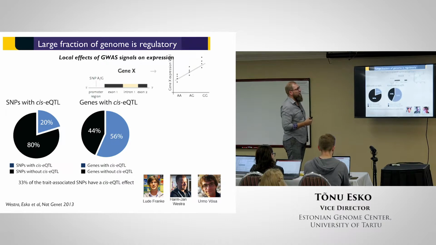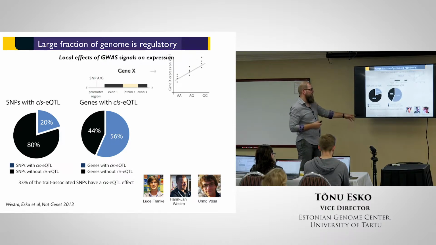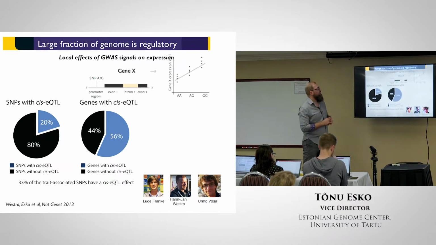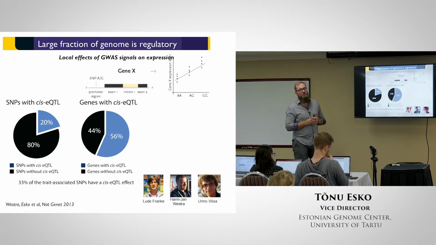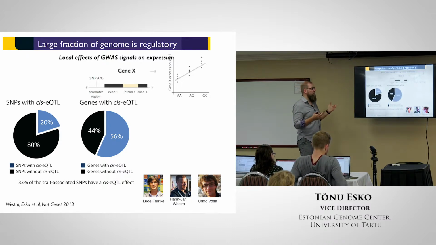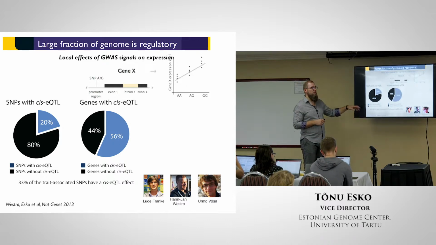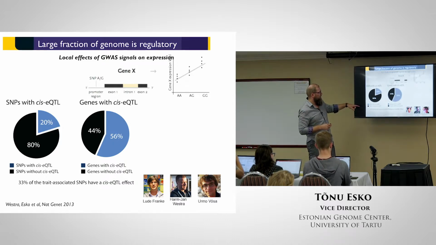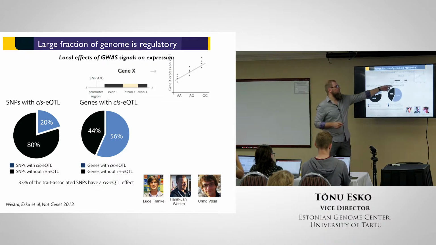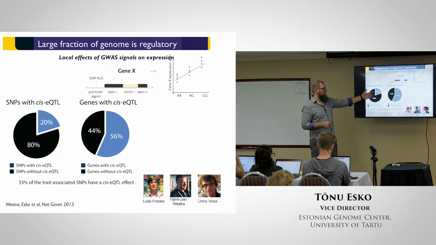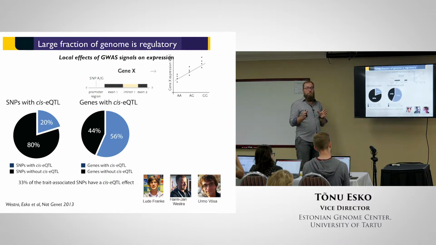As I said, we did the first study on blood eQTLs quite many years ago, and the aim was indeed to help with finding the causal variants in the GWASs. This data has been used in more than 100 GWAS papers. We did this local mapping, and at the time, with the HapMap2 panel, we found that 20% of all SNPs have some kind of eQTL effect.